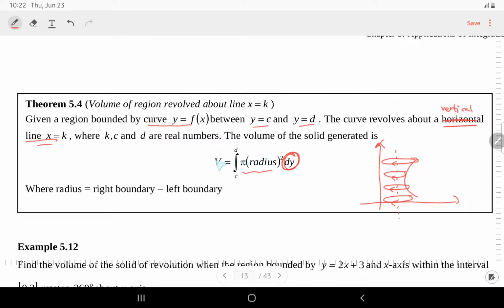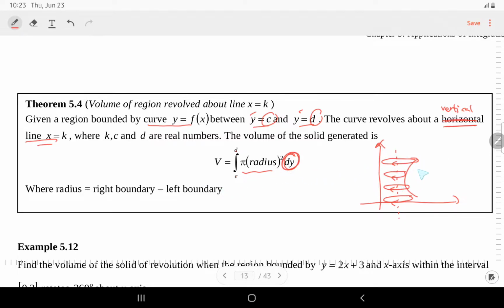Okay, what's the formula? V equals integrate from C to D. Make sure your point C and D is point Y. Okay, nilai Y bukan nilai X. And then pi radius square dy. Okay, where the radius is right boundary minus left boundary. So function belah kanan tolak function belah kiri.